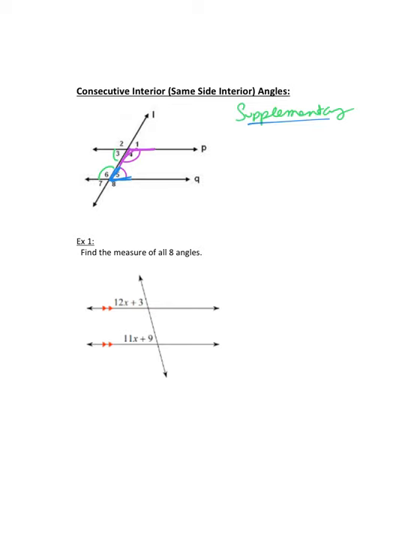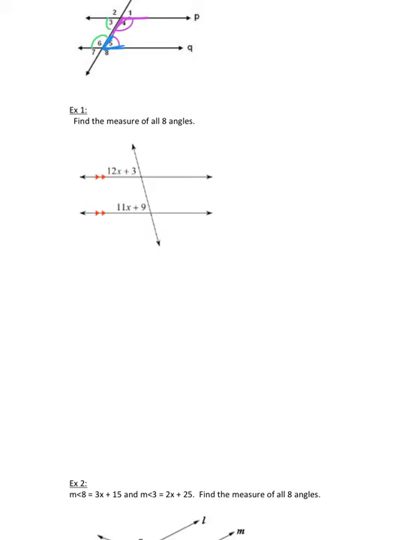They're supplementary. So what you're going to see is algebraic equations that you have to set up for different situations. In example 1, for example, you first have to figure out the relationship. This angle and this angle are in the same position. These are corresponding angles.